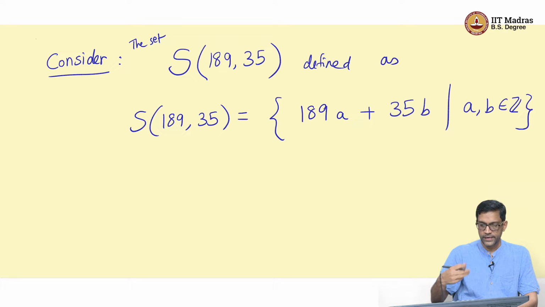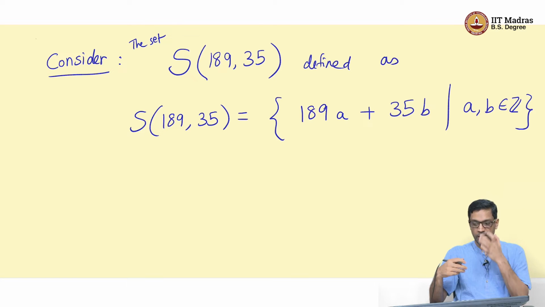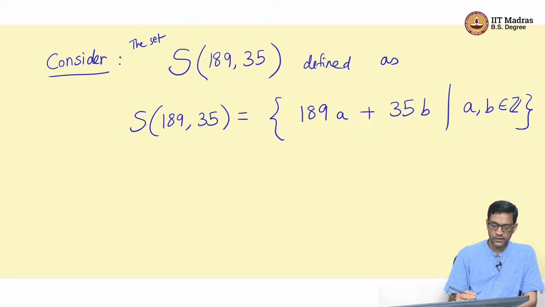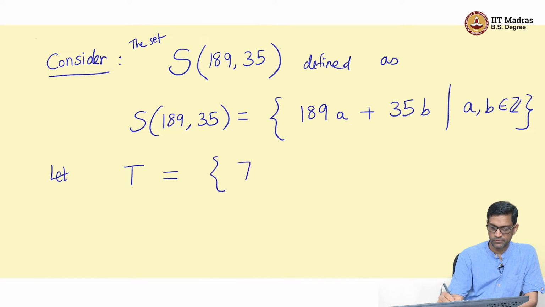So, all integer linear combinations of 189 and 35, and the claim here is the following. Let us also consider another set. Let T be the following set, it is all multiples of 7. Remember 7 was the GCD.